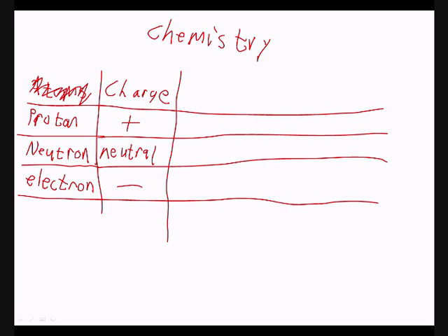What's particularly interesting, and what's going to come back later, is the mass of these particles. Now, the mass of protons and neutrons, which is very interesting, is one half of the atomic mass each.